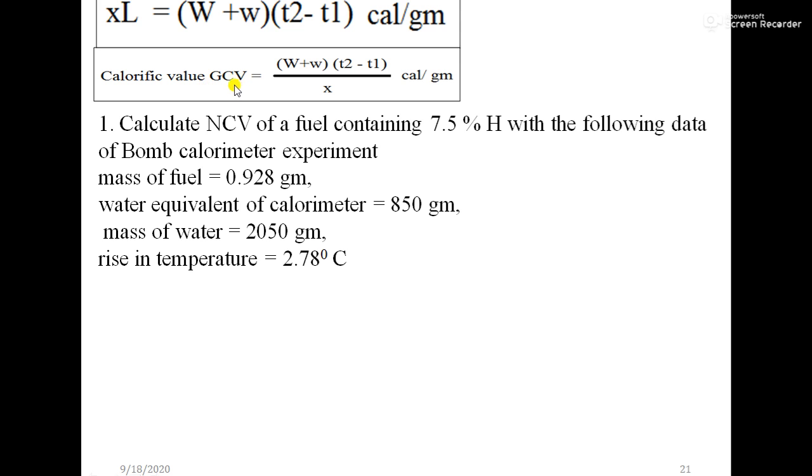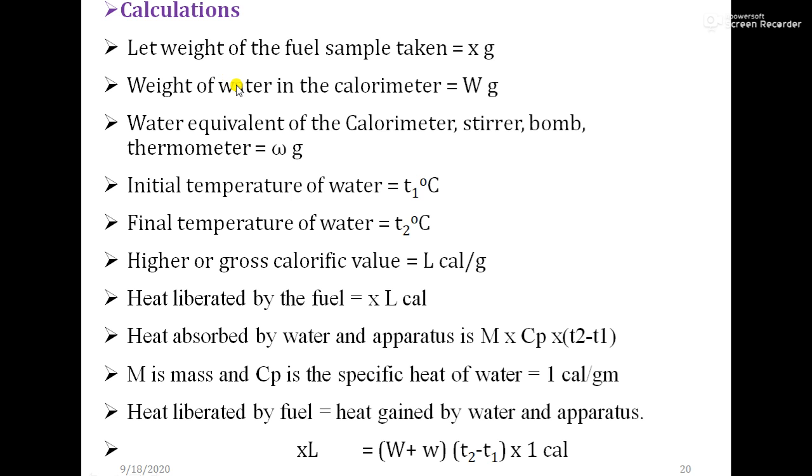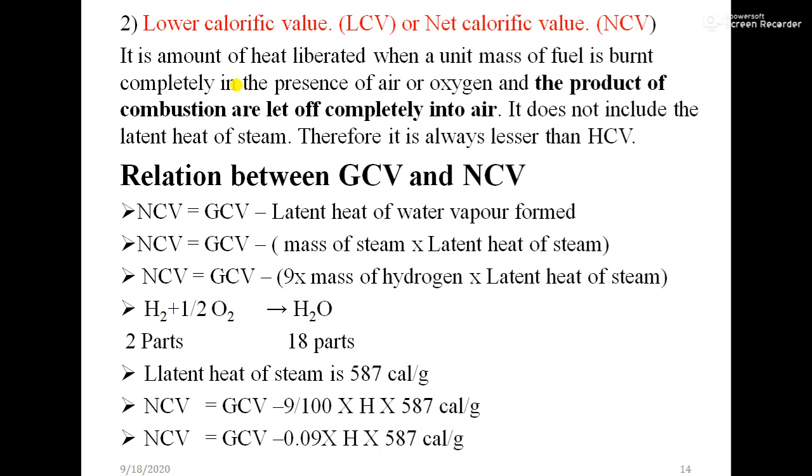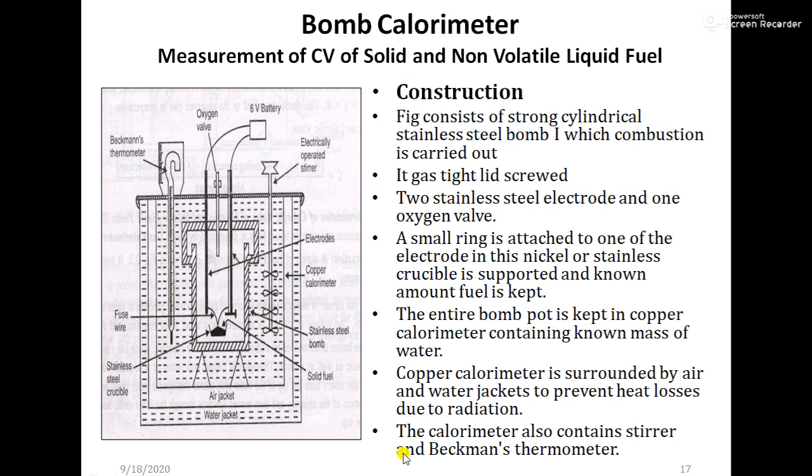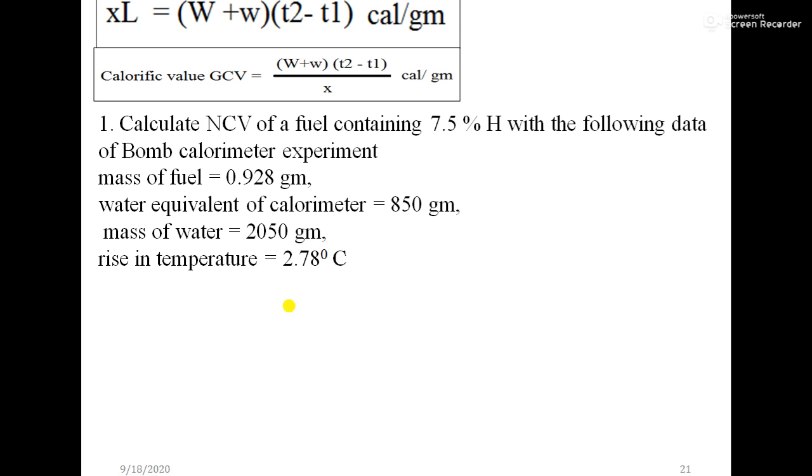After calculation of GCV, you have to use this formula: NCV is equal to GCV minus 0.09 into hydrogen percentage into 587. Hydrogen is 7.5. So that's it from today's lecture. Thank you.